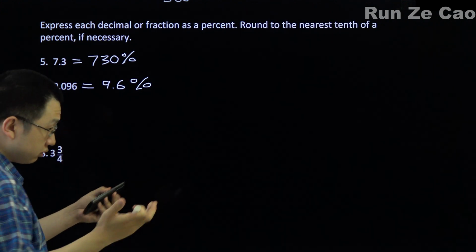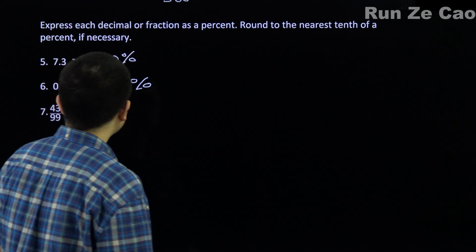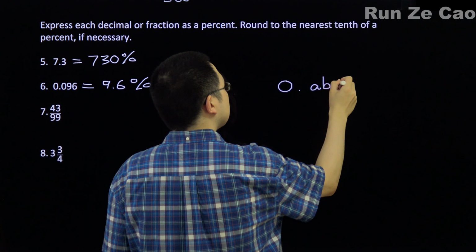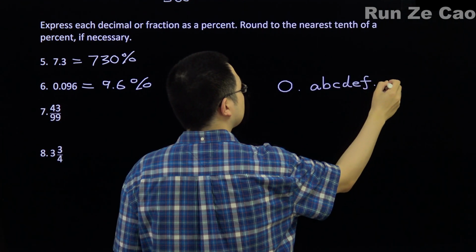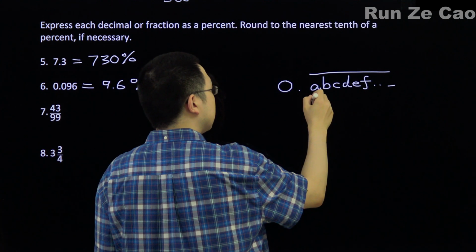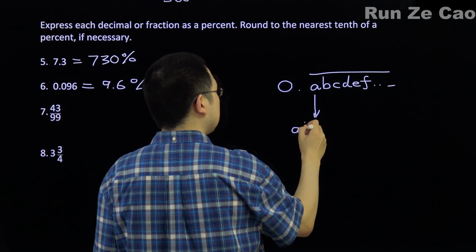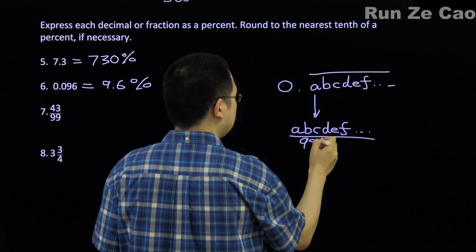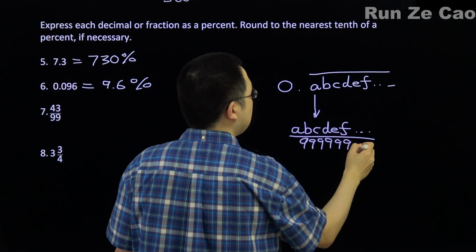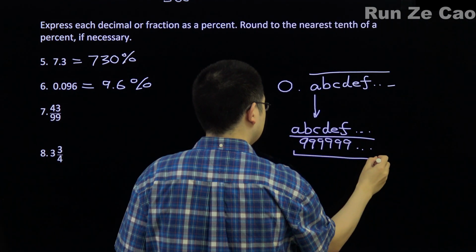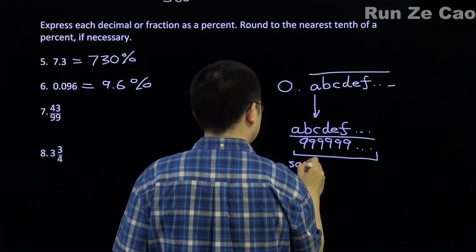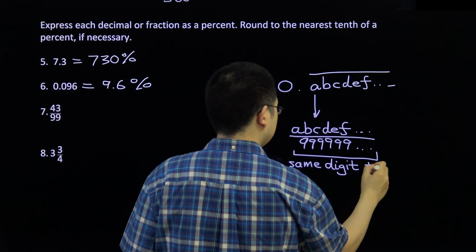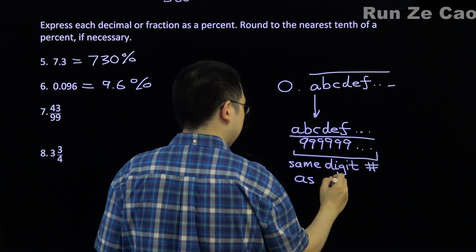We could use our calculators, sure, but a useful rule is that if you have 0.ABCDEF and so on, that repeats itself, that's equal to ABCDEF and so on, over 99999 and so on, with the same digit count as the numerator.